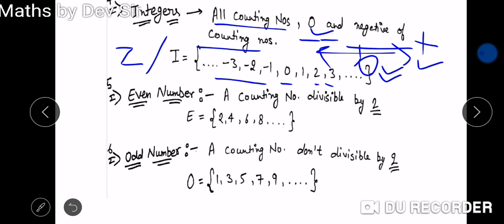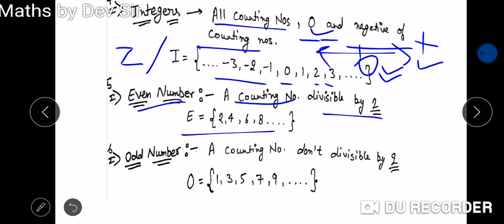Next is even numbers. This is not a part of the types of numbers, but we study it along with natural numbers. So even numbers means all counting numbers divisible by 2 are known as even numbers.